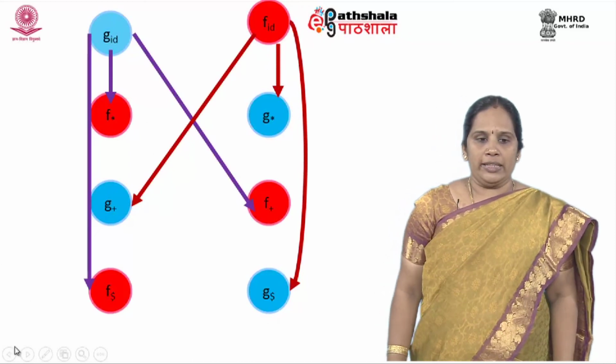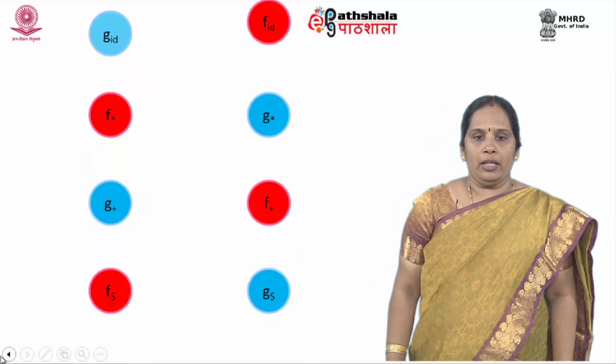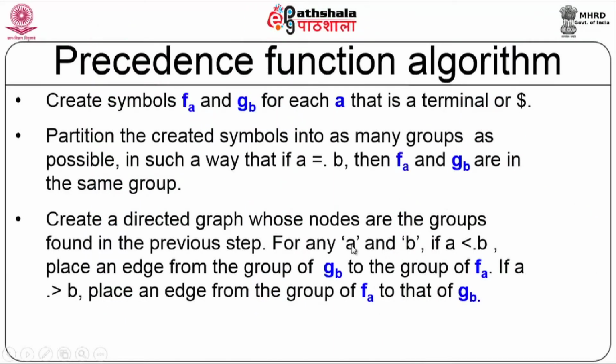The algorithm says that if for any A and B, if A is less than B, place an edge from the group GB to the group of FA, and if A is greater than B, the reverse. So, whether I consider ID to be A or ID to be B, I will have to have edges from F and G respectively.